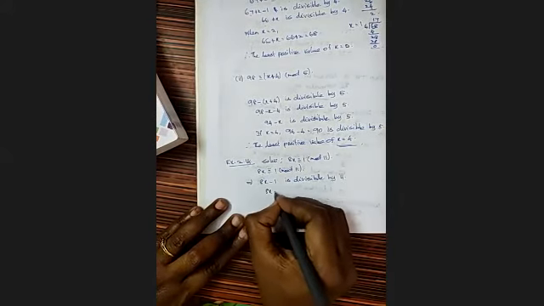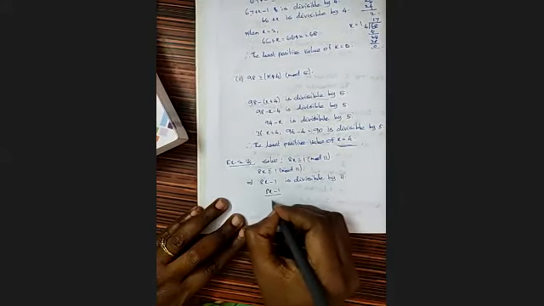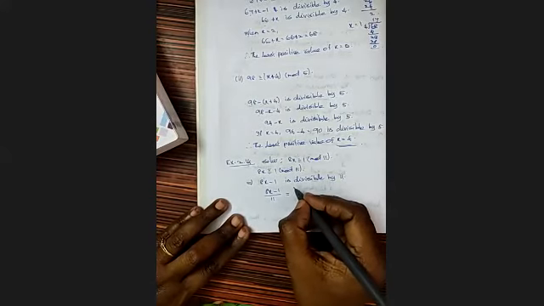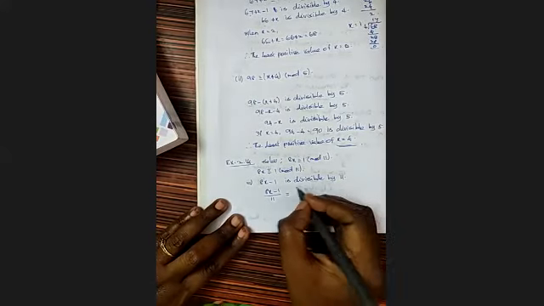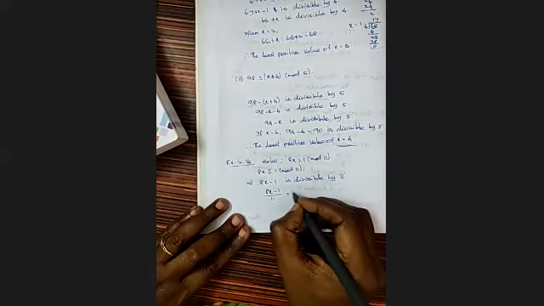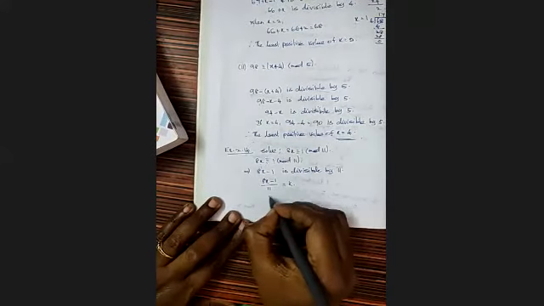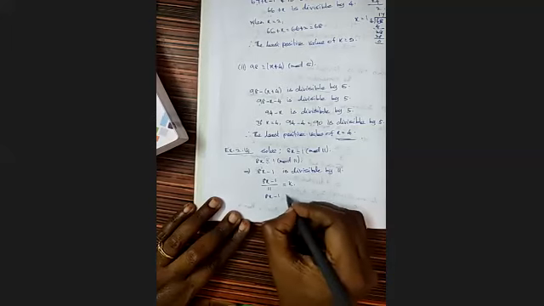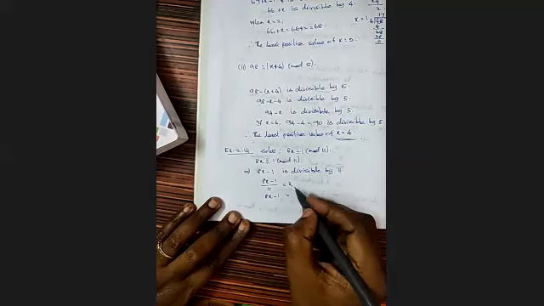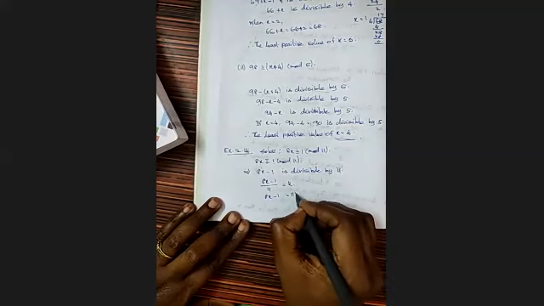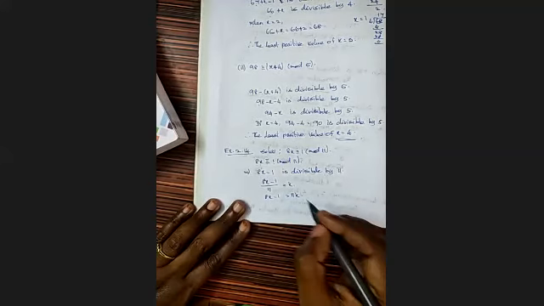So when we divide 8x minus 1 by 11, we will get some integer value. Let us take that integer value as k. That is 8x minus 1 equal to 11 into k, for some integer k.